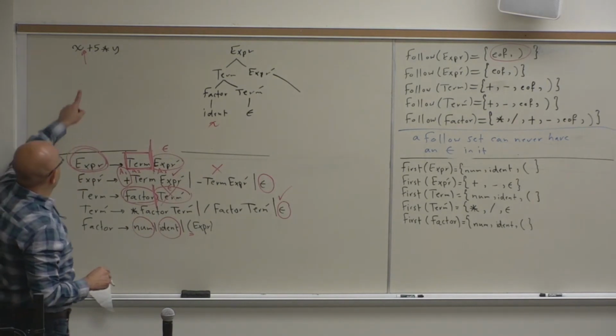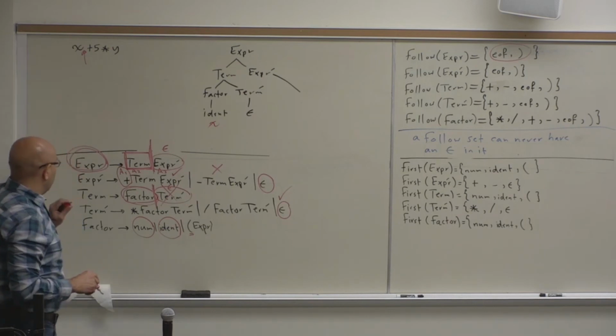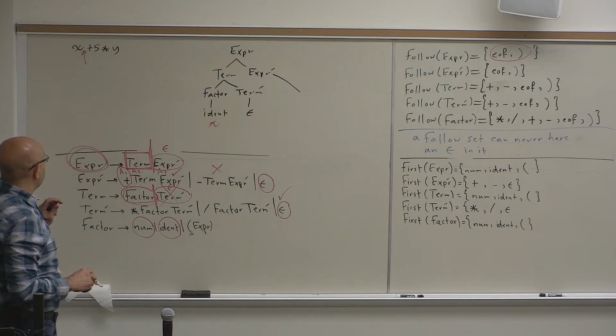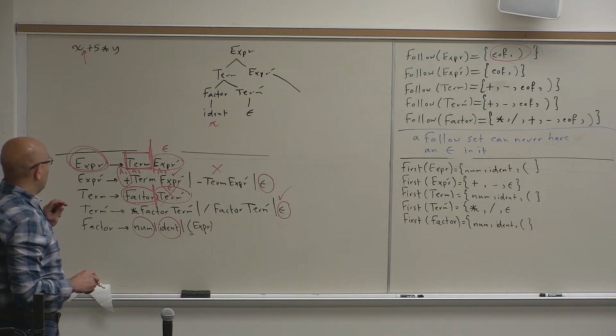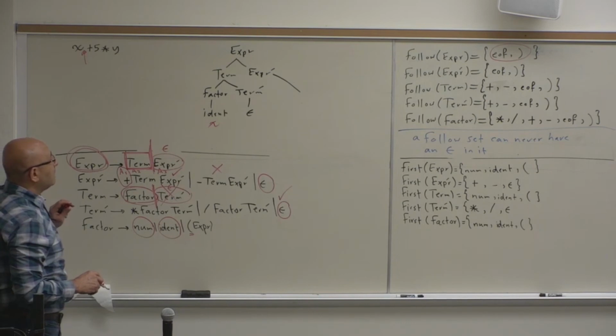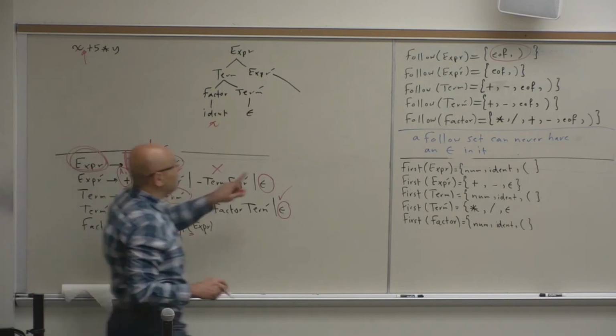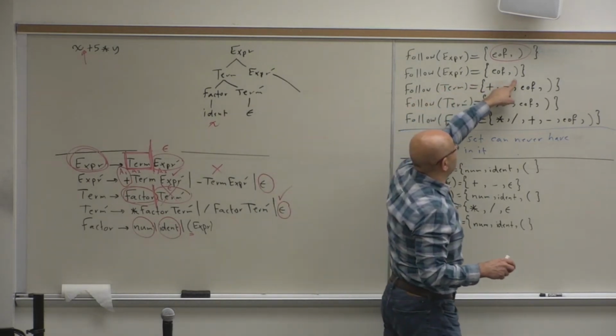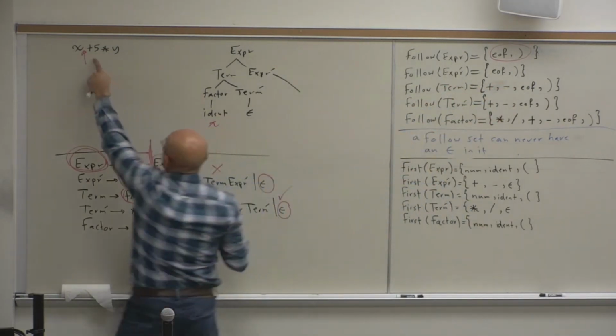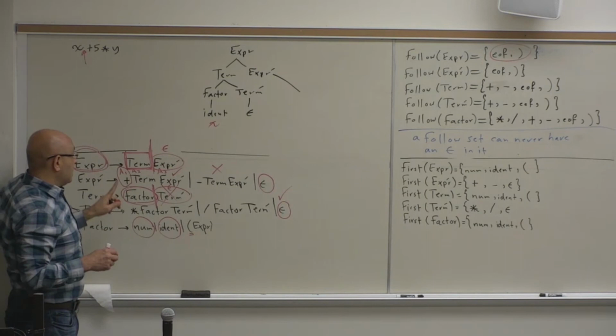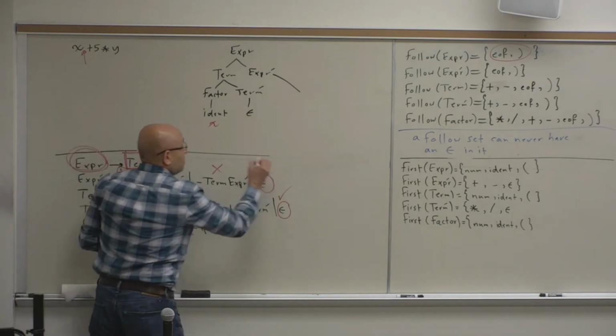Well, does the plus appear in the follow set of what? Expression prime. Does the plus appear in the follow set of an expression prime? So the follow set of an expression prime does not have a plus in it, which means that this is an invalid alternative.